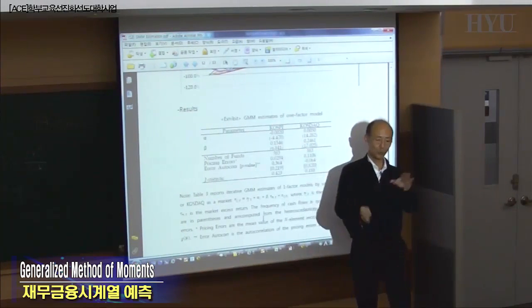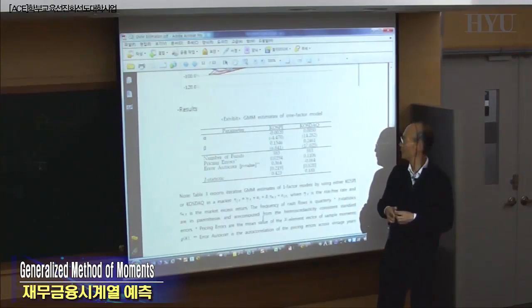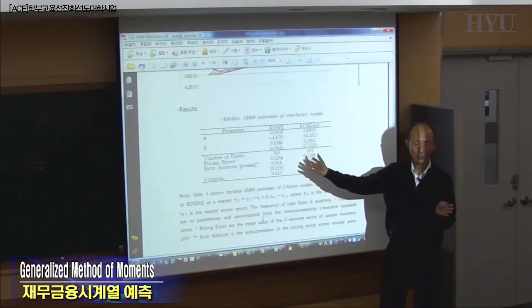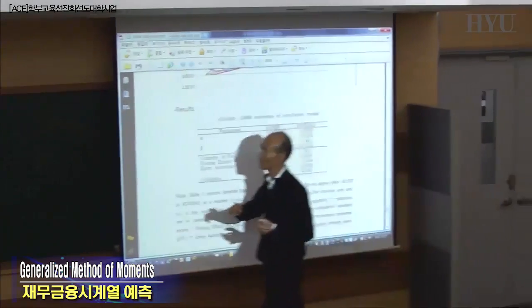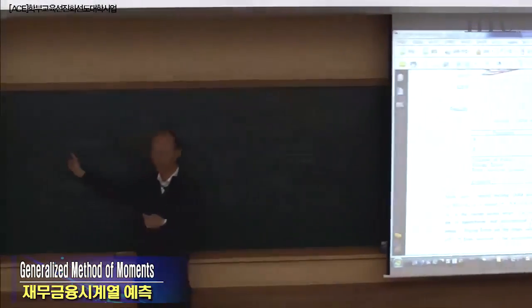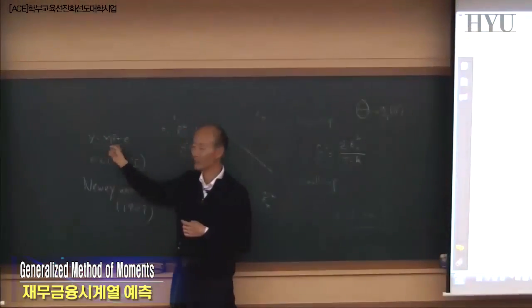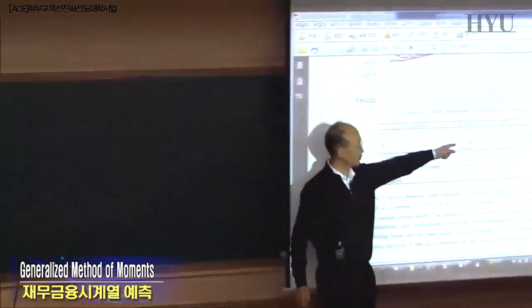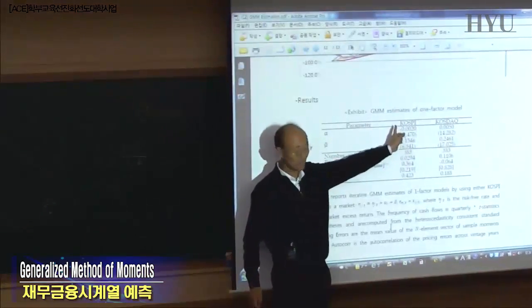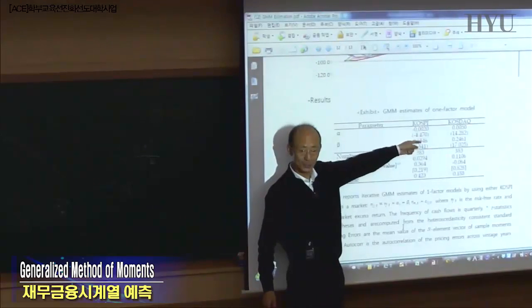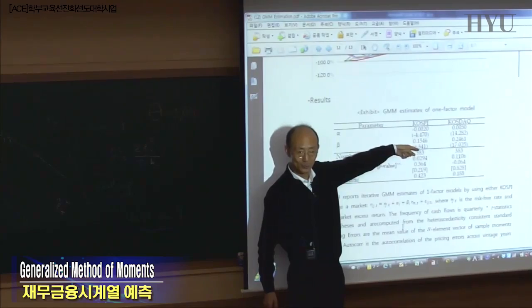It goes the other way around. But isn't it amazing that you don't even have data on return, but still you can run CAPM and estimate these two parameters? And these are, of course, Newey-West statistically consistent t values.